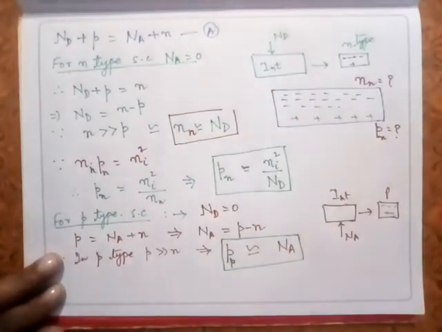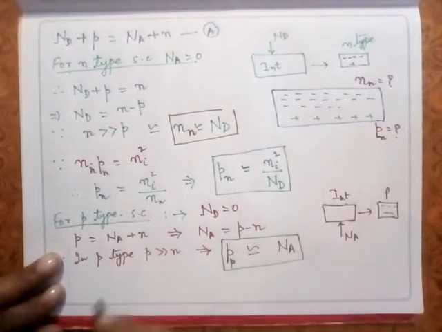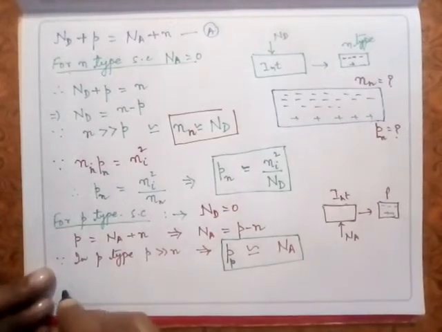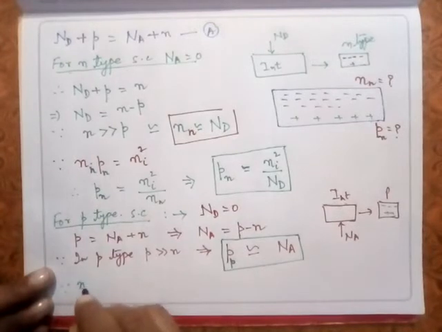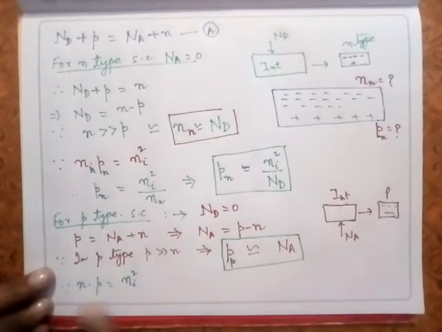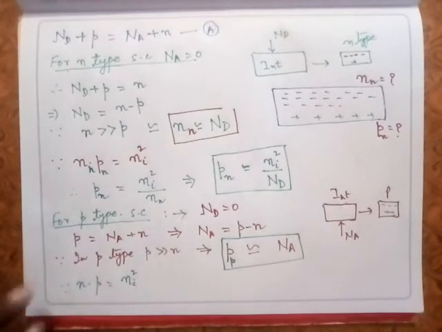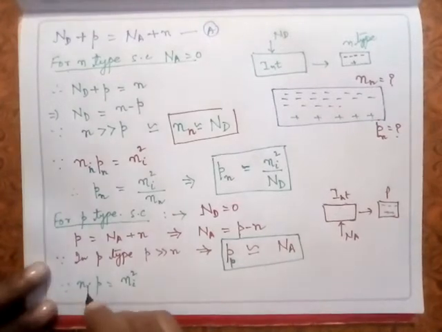Let's find out the minority charge carriers. For minority charge carriers, I know that n into p is equal to ni squared as per the mass action law, and of course it is applicable to p-type also.